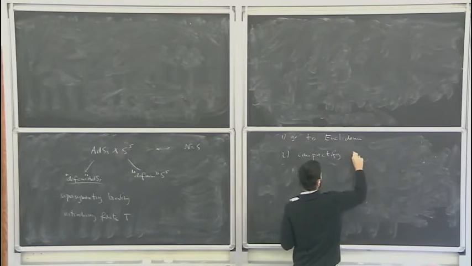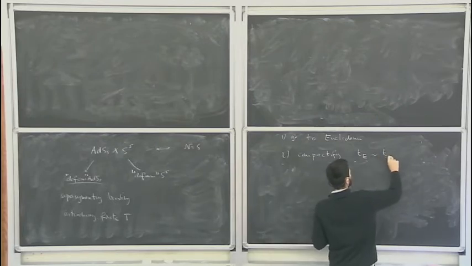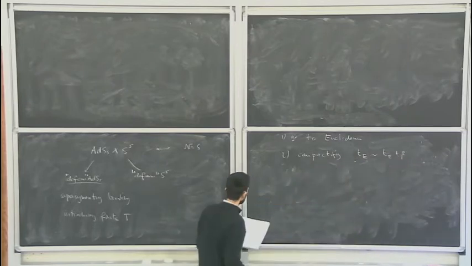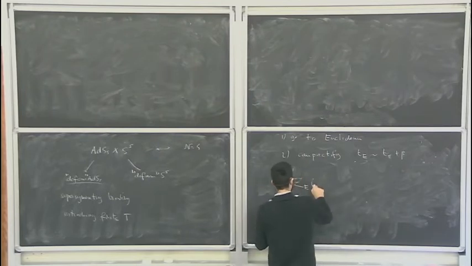So t Euclidean, making this periodic with some radius, some periodicity beta, and the partition function then is written formally as a function of this beta.